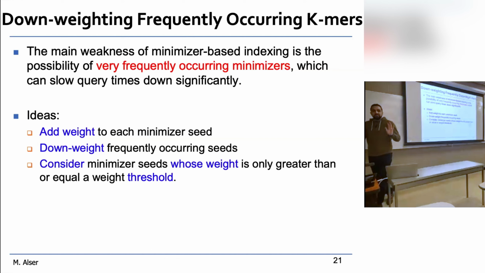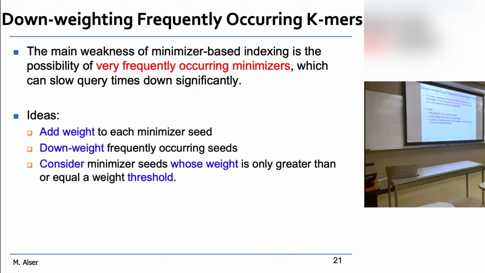Let it be 10, for example. Whenever they hit that k-mer again, like they find it again in a different window, they reduce that weight. They hit it again in another window, they reduce that weight. Now, over the span of several bases or several characters, that k-mer, the most frequent one, will get a very minimal weight value.